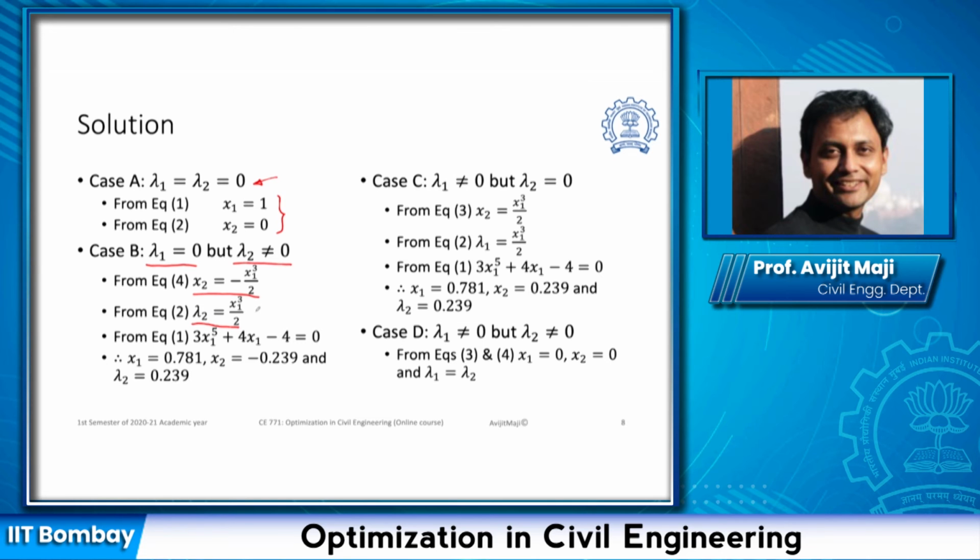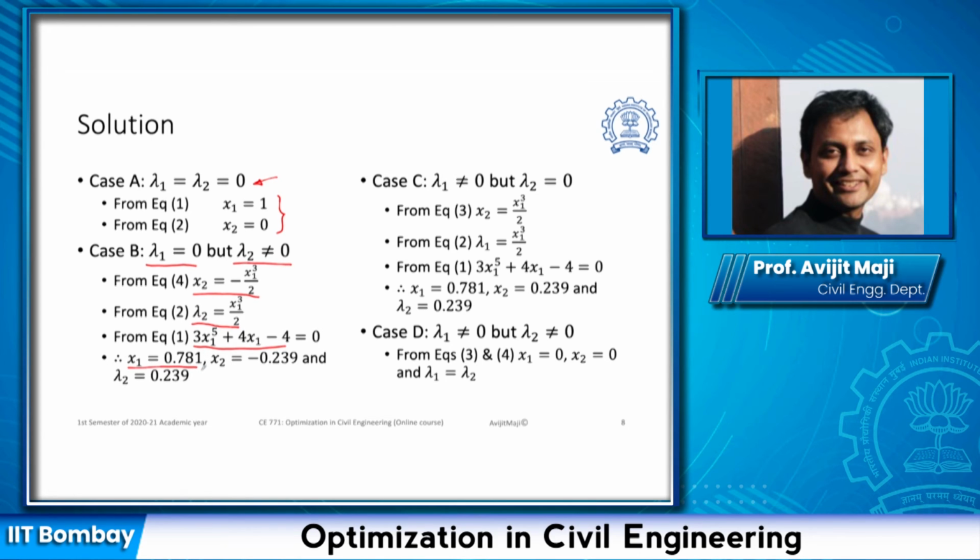Subsequently replacing it in equation 1, we can rewrite the equation in this form. This is a fifth-order polynomial, and if we solve this equation for the real roots, we can obtain the x1 value as this.